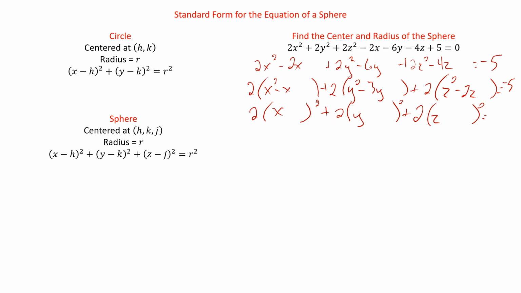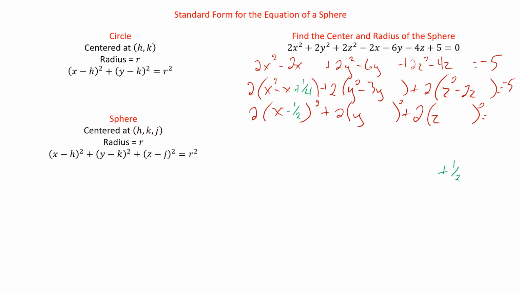First one, the x's, we divide by 2. Well, that's -1, so that'll be a -1/2 squared. It's plus 1/4. We have to add to the other side, but we don't add 1/4. It's 2 times 1/4, which will be plus 1/2.